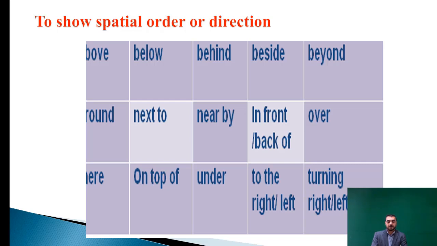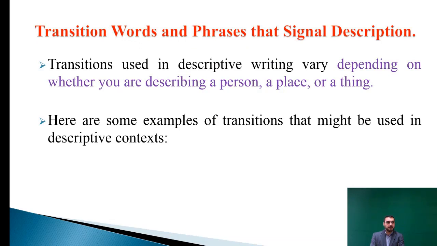They might also be used to link paragraphs with each other, or ideas represented by separate paragraphs. So here are some examples of transitions that might be used in a descriptive context.